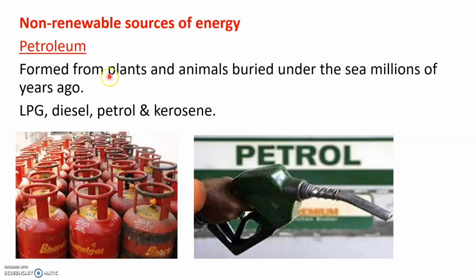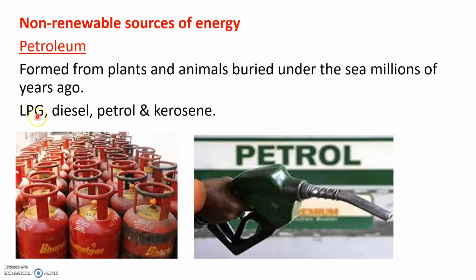Now, again, plants and animals that are buried deep under the sea for millions of years will turn into what you call petroleum. That is why again petroleum is considered a non-renewable source of energy, because it takes millions and millions of years for this petroleum to be formed.